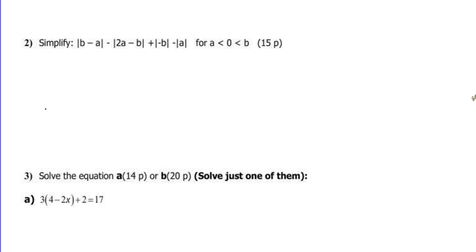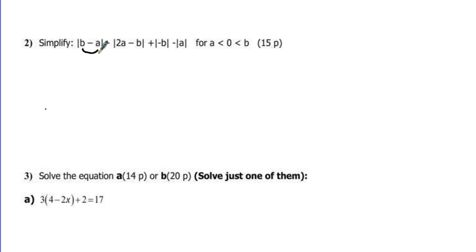Let's continue. Second question is about absolute values, modules. There is a condition for a and b: a less than 0 and b is greater than 0. We have to be careful. We have to understand for each expression inside of absolute values.